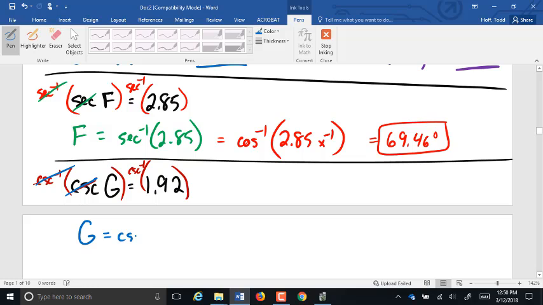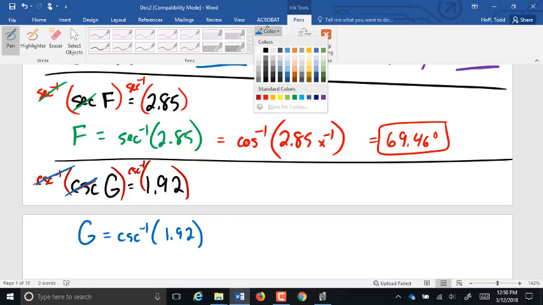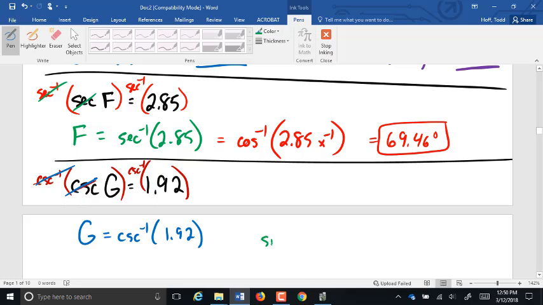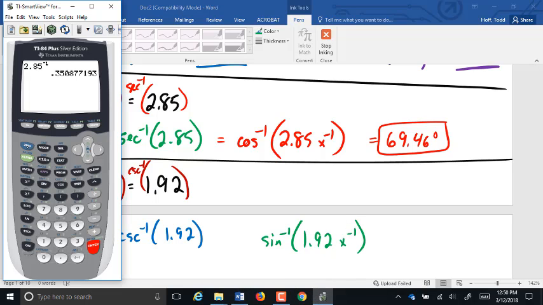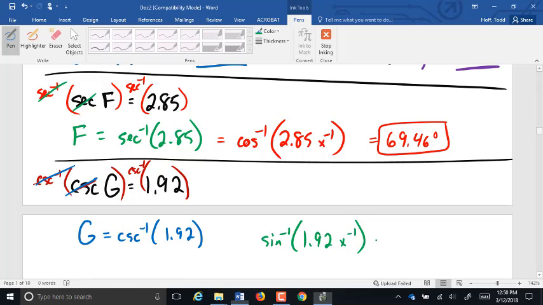Okay, I think you got the right idea. See if that comes out for you. That sounds right. Yes, it is the inverse sine, or inverse cosecant, of 1.92 with the x negative 1 inside the parentheses, and you are correct, 31.39.